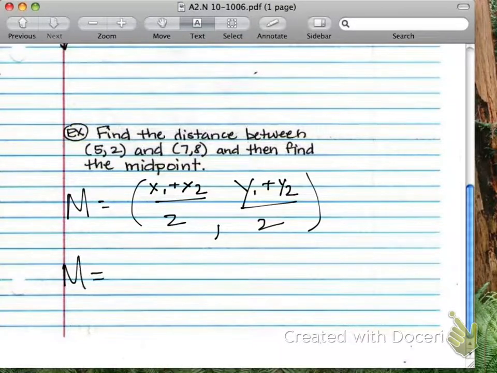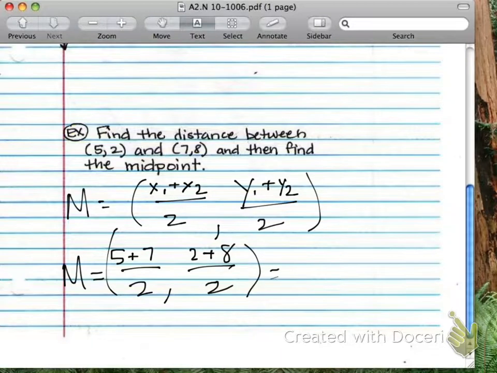Midpoint equals, okay, x1 is what? 5 plus 7 over 2, comma. Anybody? 2 plus 8. This is where you can feel like a champ because you can answer.